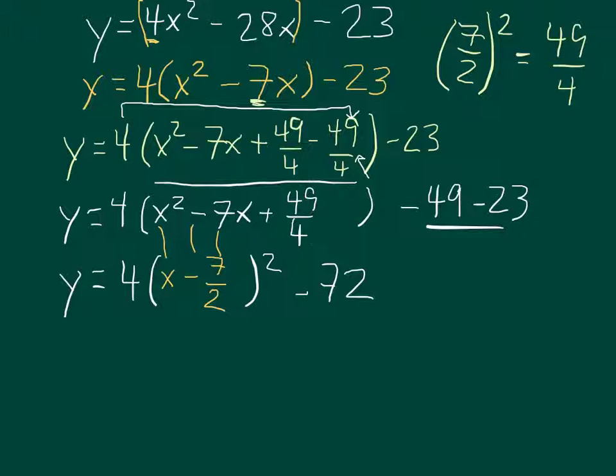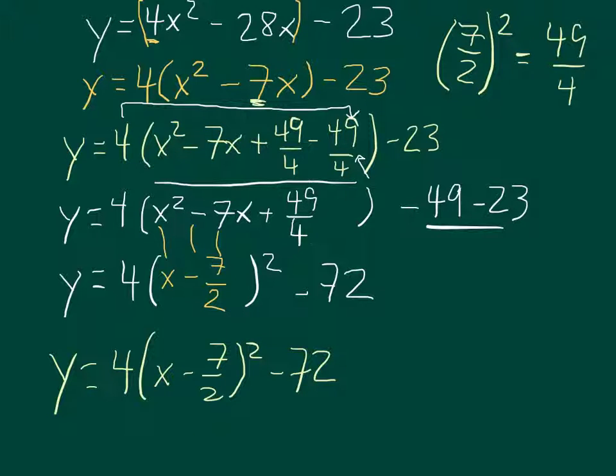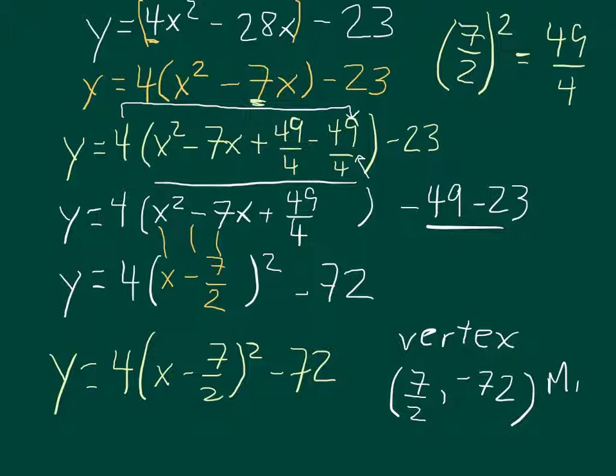So our final answer, if we were to rewrite it neater, is y equals 4 times x minus 7 halves all squared minus 72, which lets us know that the vertex of this quadratic is 7 halves, negative 72. So that puts it deep in quadrant 4, and this quadratic is opening up. So this point is a minimum.